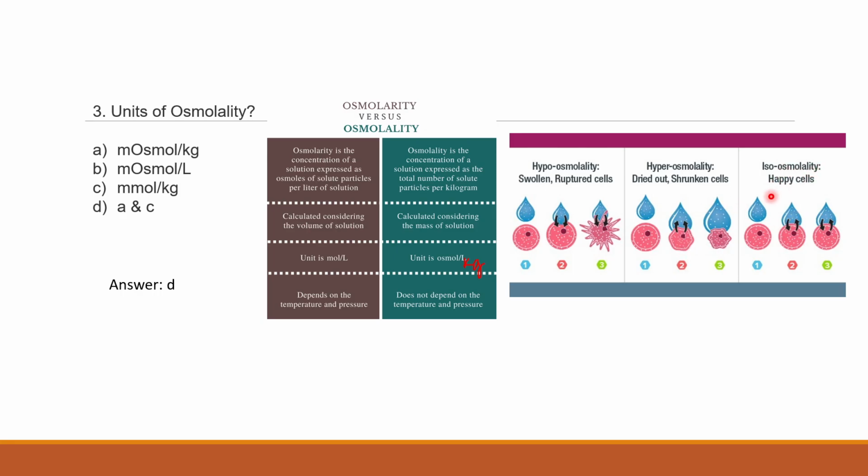Then isoosmolality is when the water is already balanced, neither outside is higher nor lower in terms of solute concentration. So your cells will stay happy because the water exchange is not happening. There is no increase or decrease in water levels, it is maintained.